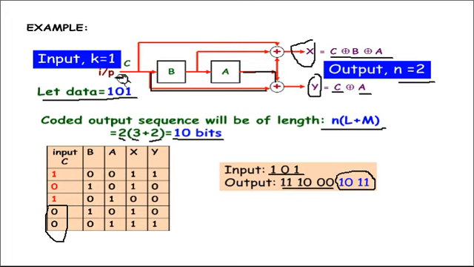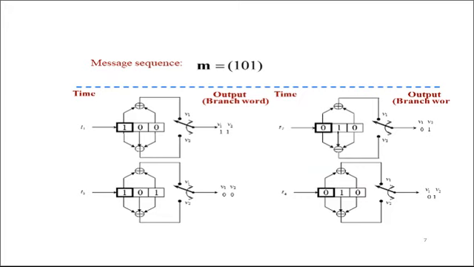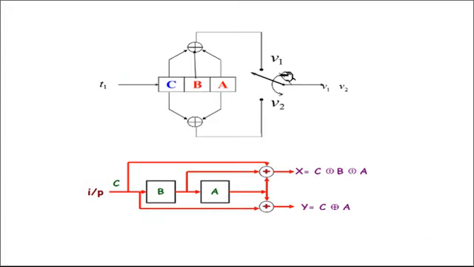Now let's look at the status of C, B and A, as well as the output bits X, Y. These output bits will be in the sequence of X, Y only. That can be observed over here, where we are shifting this particular arrow from V1 to V2. If we shift it like this, V2 will be taken first and then V1.